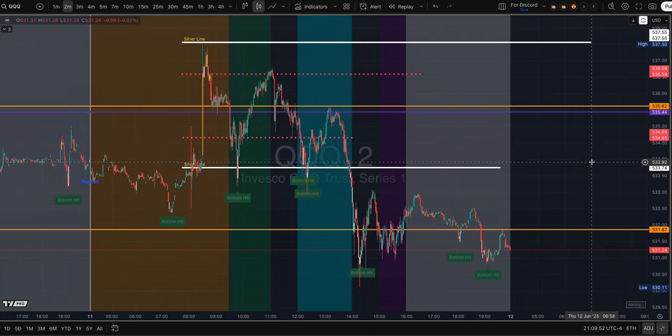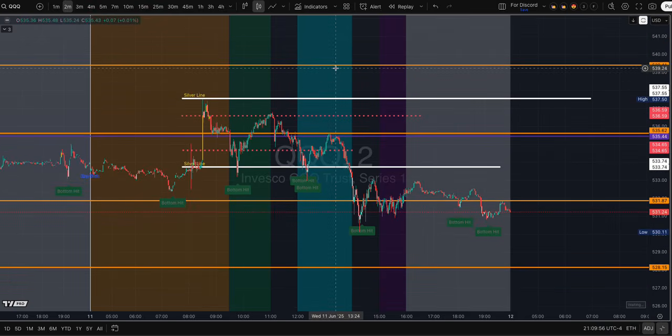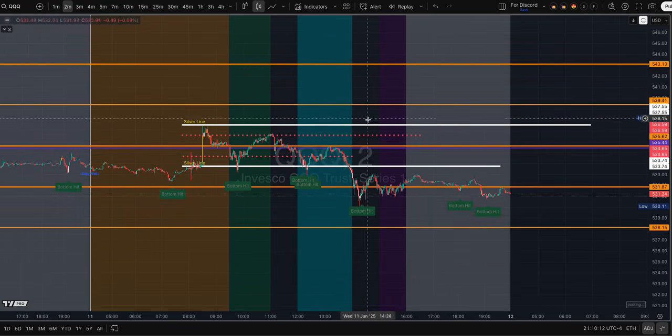There is in-depth detail about all these lines, but these are forward forecasted lines for the day. That means I published these at 9:30 for QQQ, SPX, SPY. We have golden lines, those are the main lines.